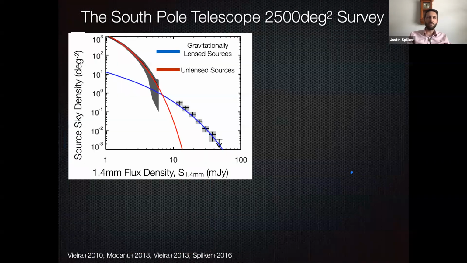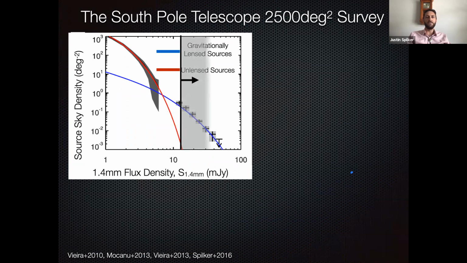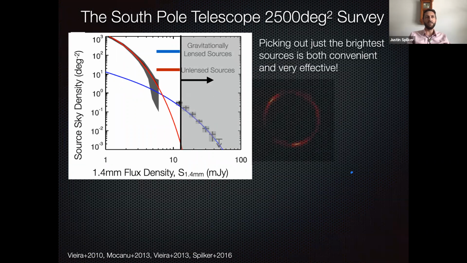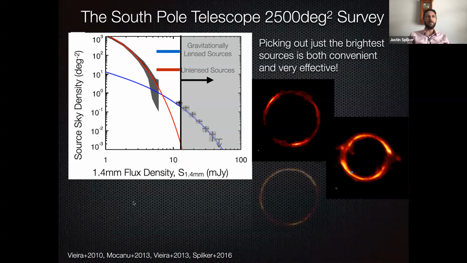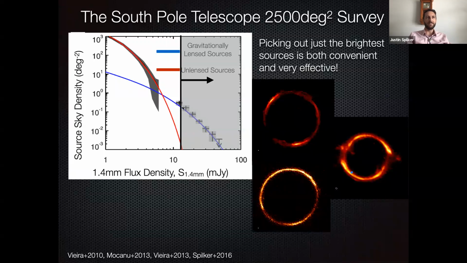The sample I'm going to primarily be working with here are these very bright sources. The convenient thing about them is that if you pick out only the brightest sources, you're overwhelmingly dominated by sources that are gravitationally lensed. If you have a model for how many galaxies of a given brightness you expect, you find that you can only produce the brightest ones if you are looking at a lensed population.